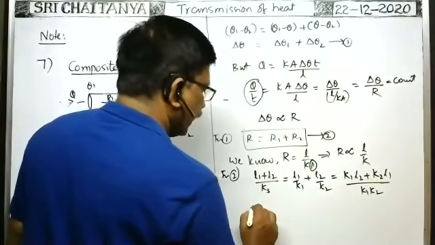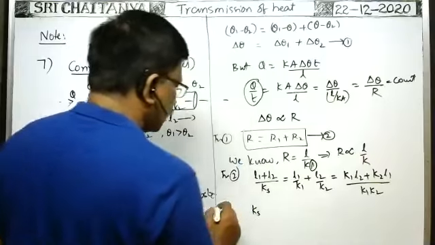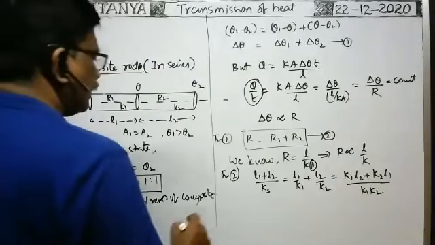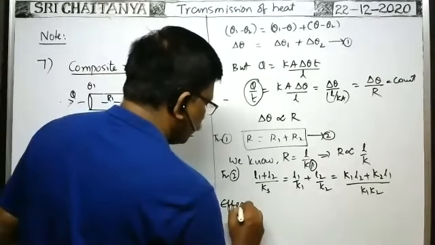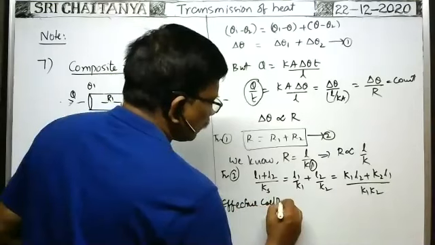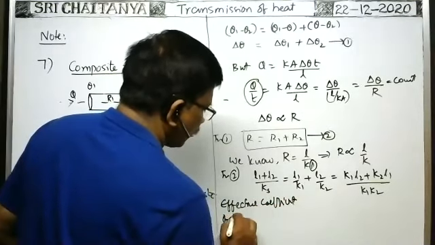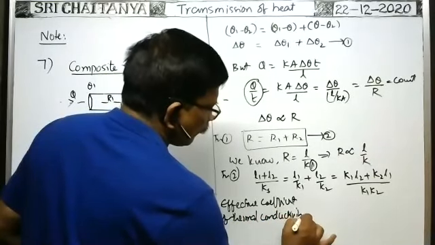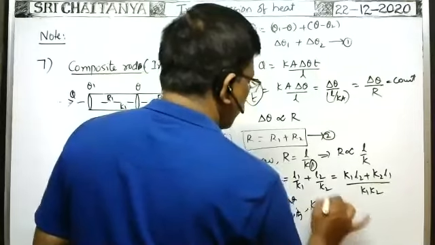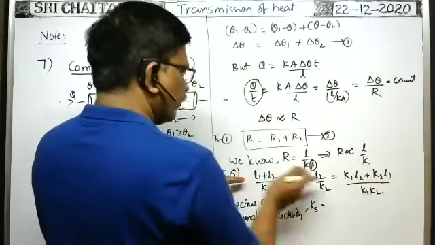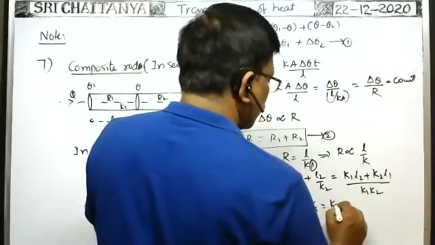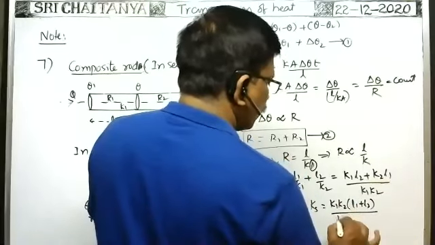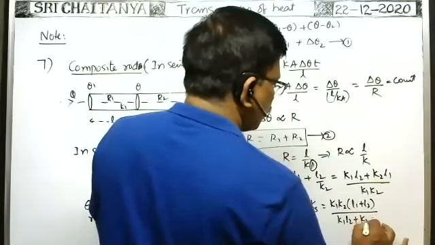Okay, therefore Ks, the effective coefficient of thermal conductivity when two rods are connected in series, is equal to, doing cross multiplication, K1 K2 into L1 plus L2 whole by K1 L2 plus K2 L1.